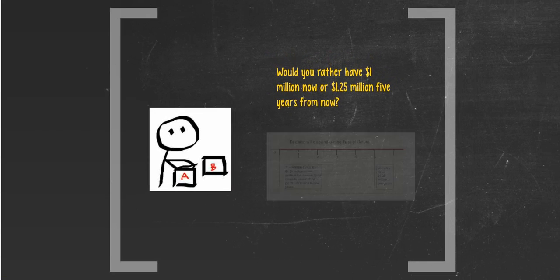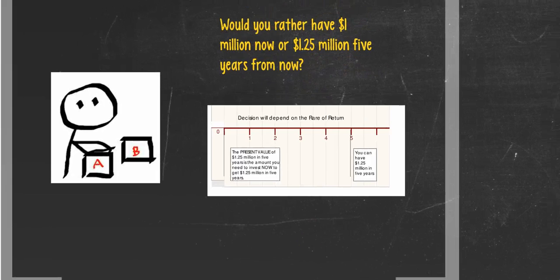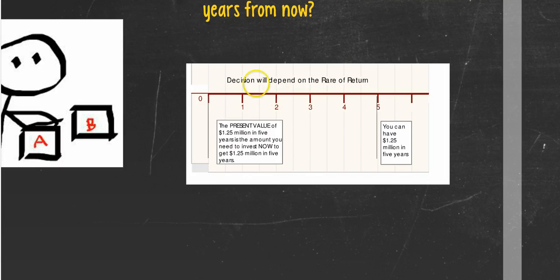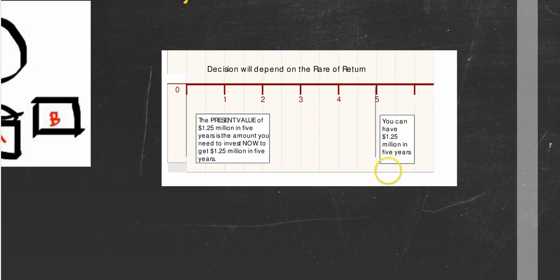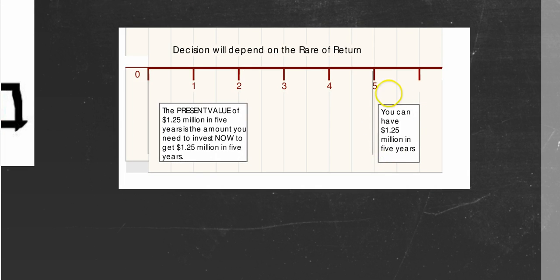Here's the timeline for the $1.25 million in 5 years. We would have nothing now if we take the $1.25 million, and then in 5 years, we get a payout of $1.25 million. And the question is, would we rather have that than $1 million now? Well, here's the thing.